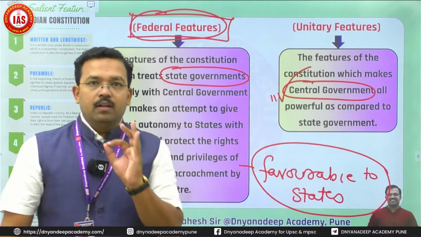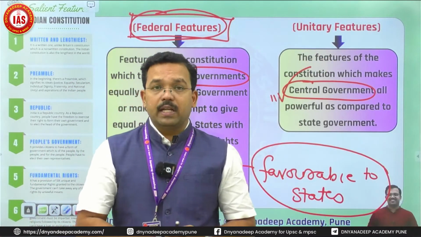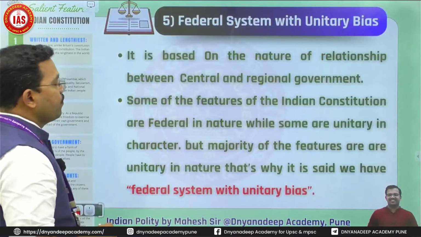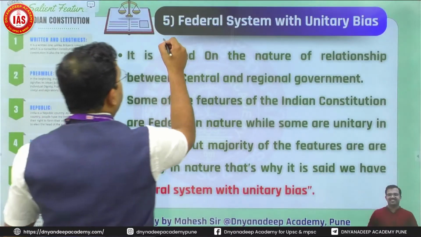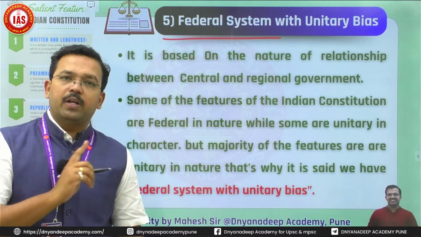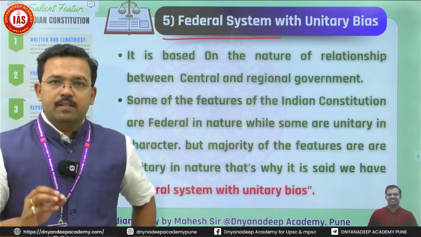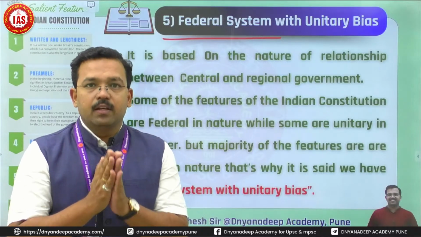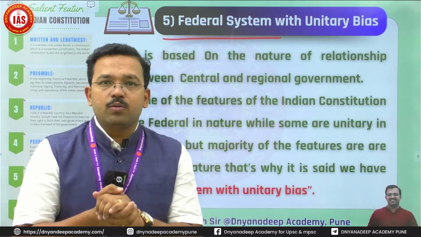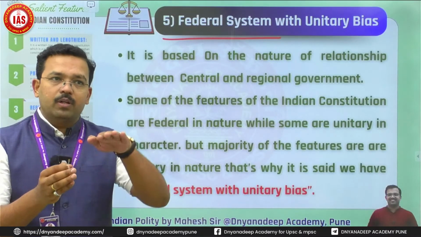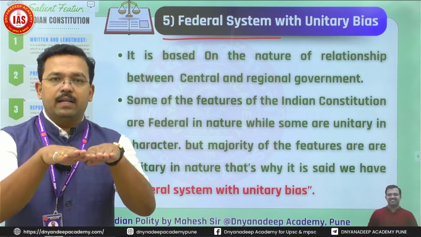So it means our Constitution, now this line is very important, now I will explain this particular line. Listen very carefully what it means. See, we have a federal system. Our political setup is a kind of federal political setup. What it means is our Constitution has made an attempt to give equal power to the states at par with the center.